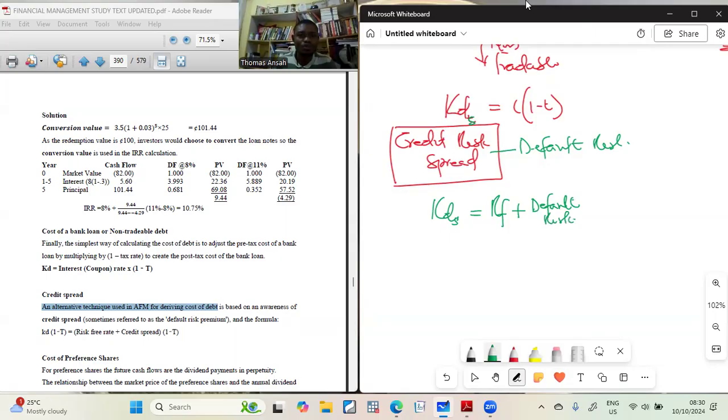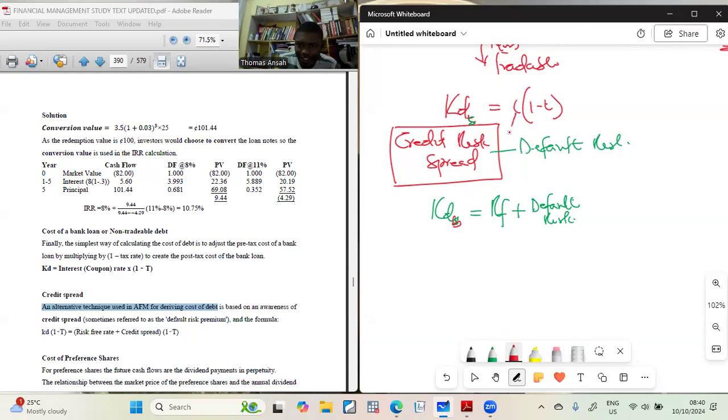So that is what you do. Just a minute, guys. All right. So basically, that is how the short-term non-tradable bank loan works. We can even call it bank loan. That is how it is.